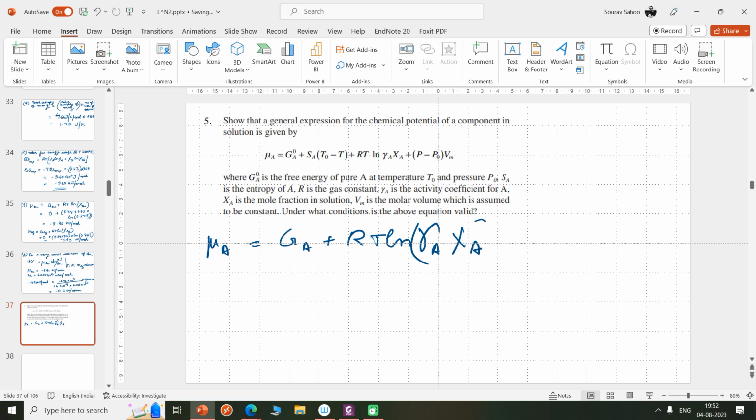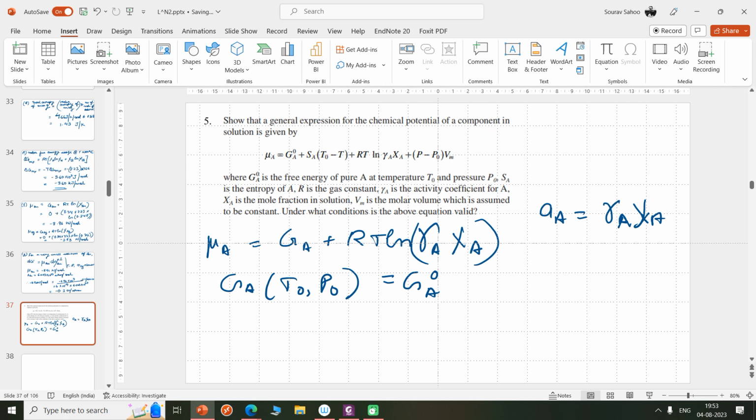Because a A is nothing but the product of the activity coefficient times the mole fraction of A, since that is the ratio we assume. Where G A is the free energy of pure A at temperature T and pressure P, and let's suppose it is known for a given temperature T0 and pressure P0. So G A at T0 and P0 is given as G A naught.